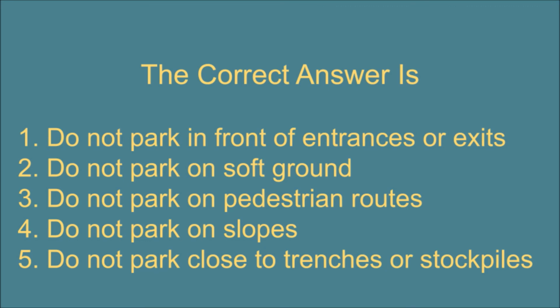The correct answer is 1. Do not park in front of entrances or exits. 2. Do not park on soft ground. 3. Do not park on pedestrian routes. 4. Do not park on slopes. 5. Do not park close to trenches or stockpiles.